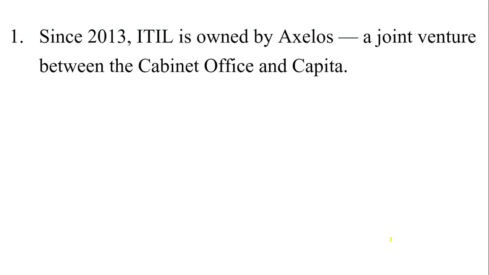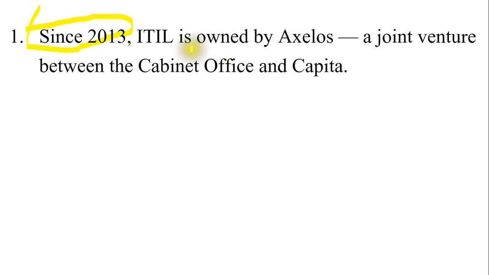Now let me tell you a little bit more about it. As I told you, it took birth in the 1980s and lots of revisions were done time by time. Now, since 2013, it is owned by AXELOS. They are controlling it.